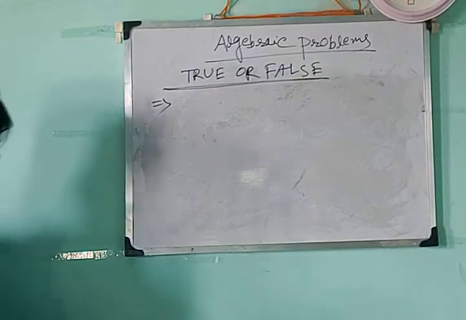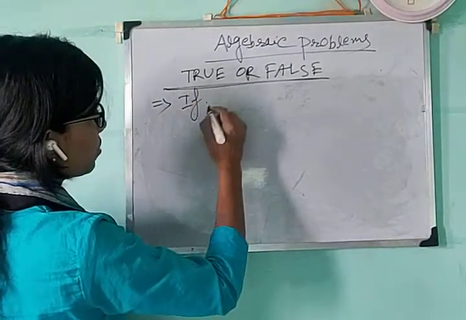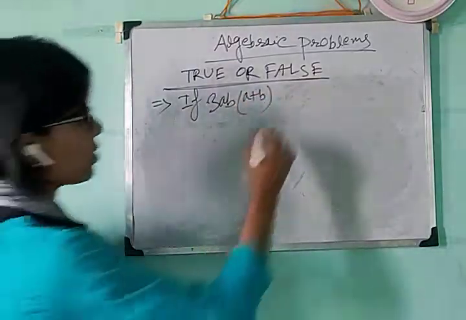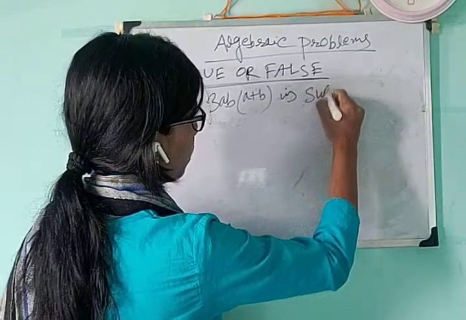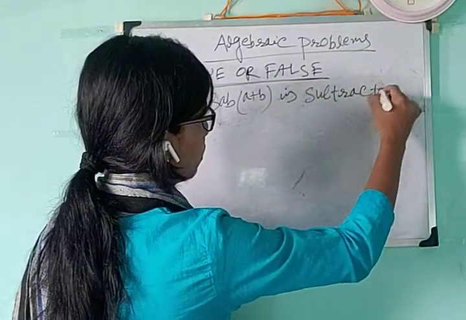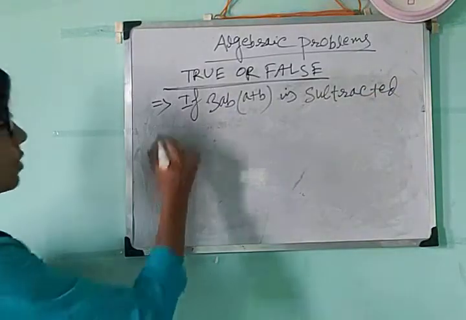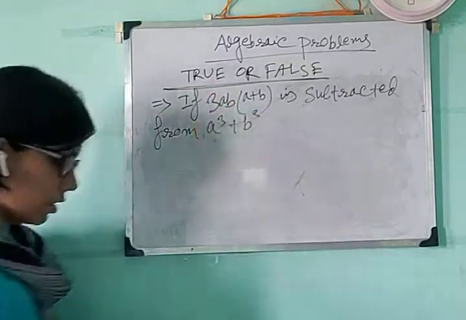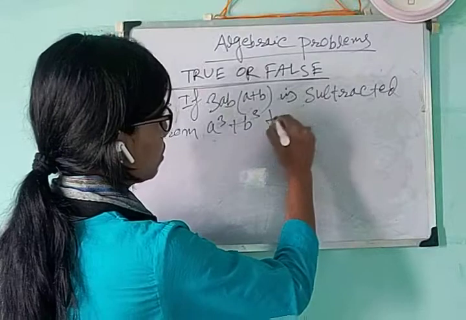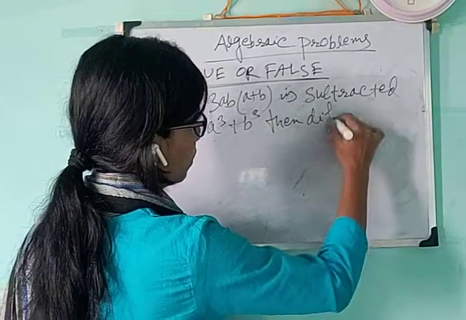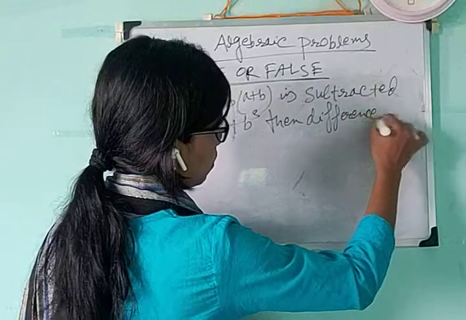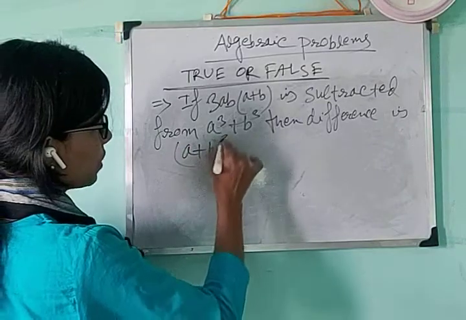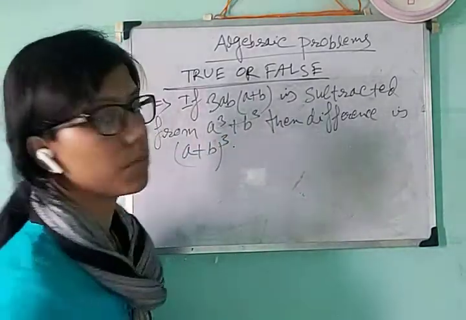The first statement: if 3ab into a plus b is subtracted from a cube plus b cube, then the difference is a plus b whole cube. We have to justify if the statement is correct or not.